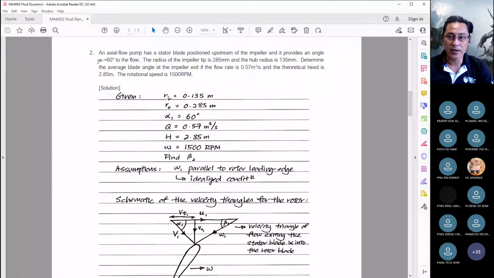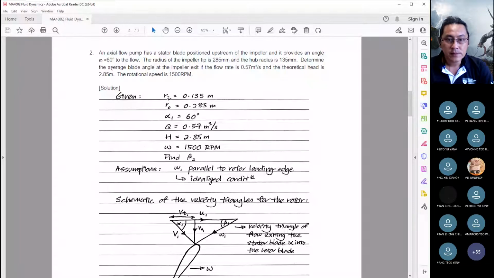So alpha 1 is the flow angle for the absolute velocity V. Since we're told that alpha 1 equals 60 degrees, that means V1 is making an angle of 60 degrees relative to the flow.